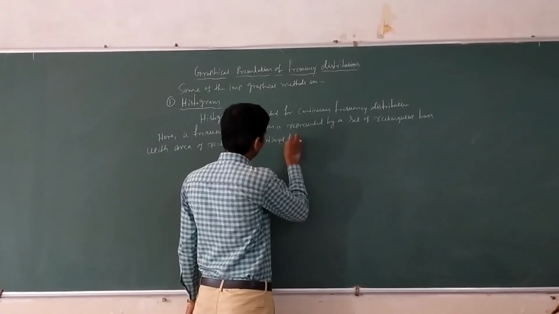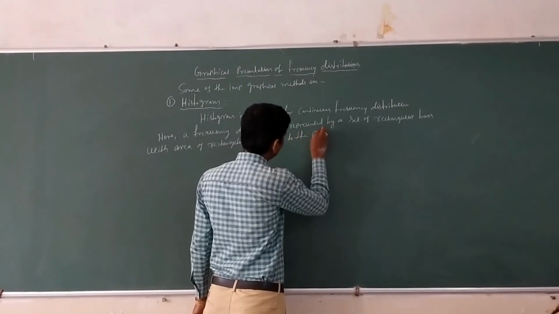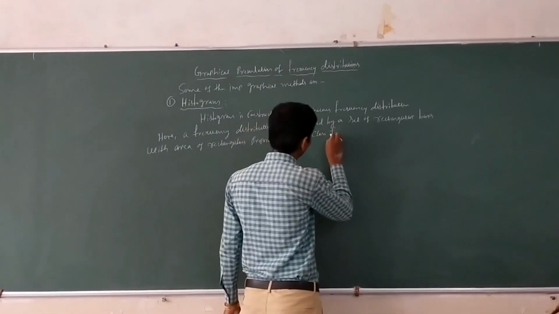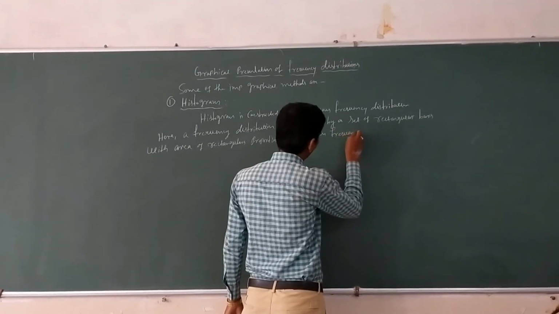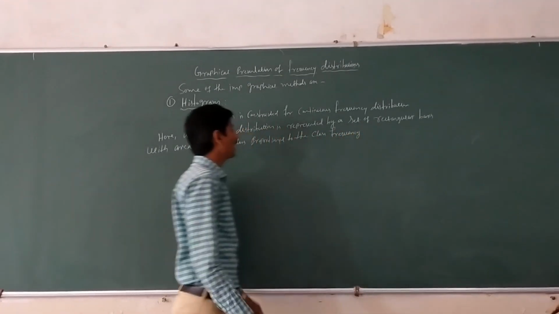See here, the area of the rectangles is proportional to the class frequency.